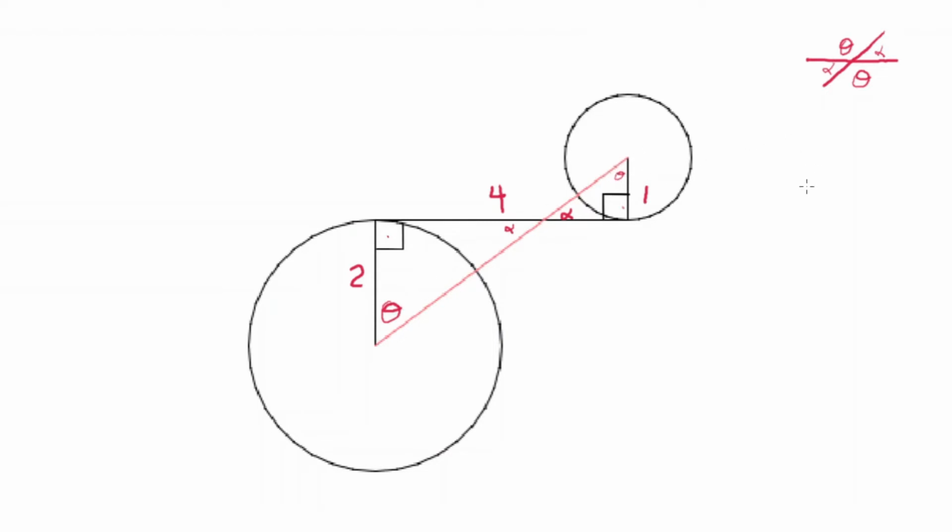So these two triangles are what you call similar triangles. And what that means is that they have all the same angles. And so one of them is really just a scaled up version of the other one, or the other one's a scaled down version of the other one. So let's put some labels on here.